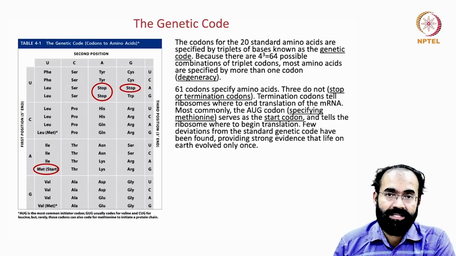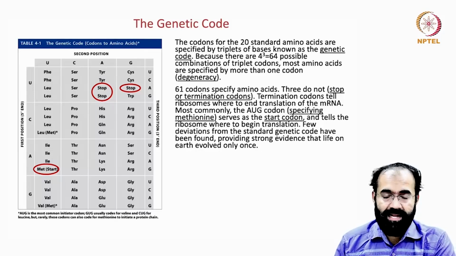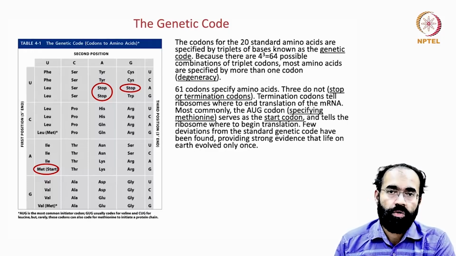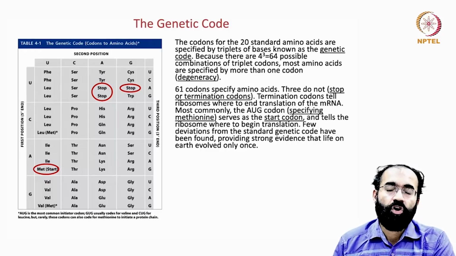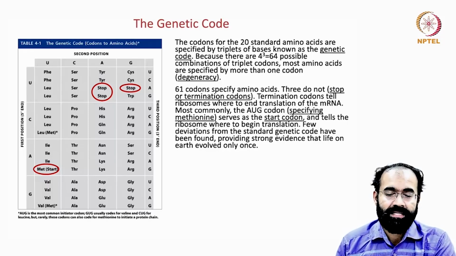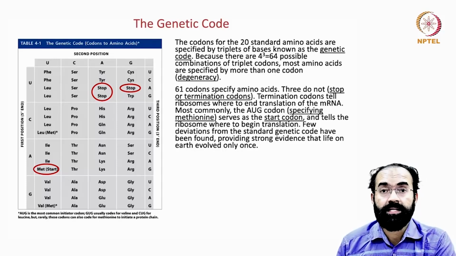evolved only once, because a lot of organisms, starting from virus, bacteria, fungus, to human, everywhere the codons are constant and the same codon brings in the same amino acid. You can never find a given codon bringing in another amino acid.